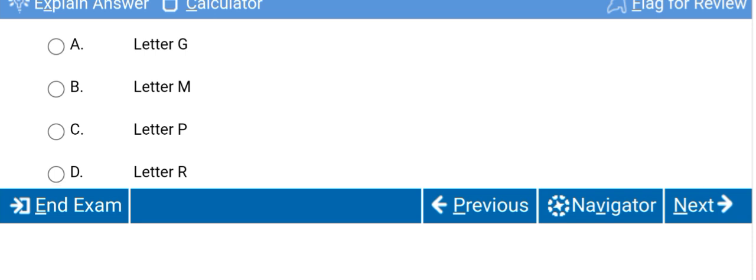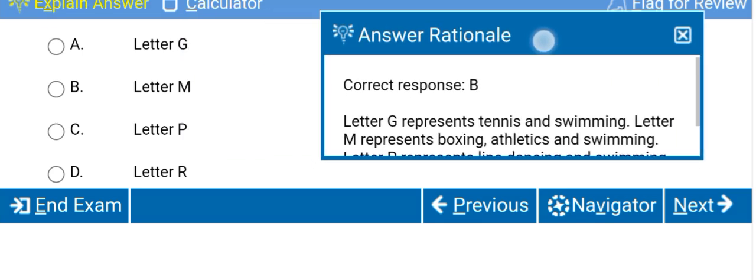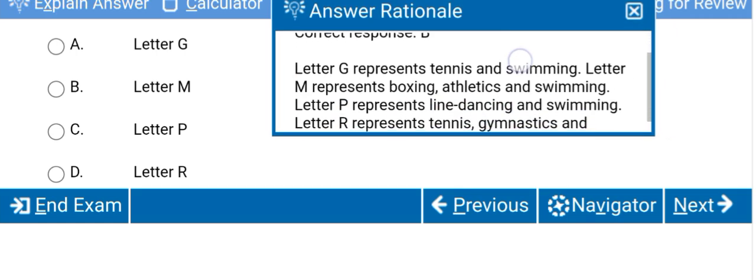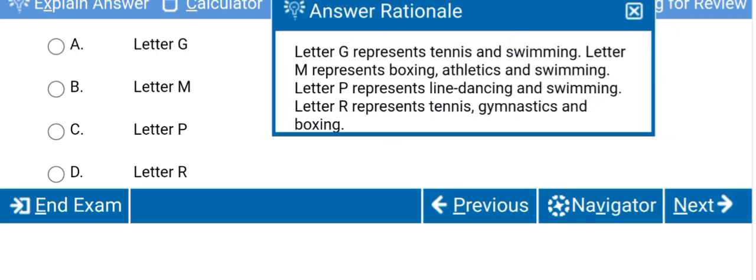So let's see which one of the options is correct and which is incorrect. The correct option is option B, as the letter G represents tennis and swimming.